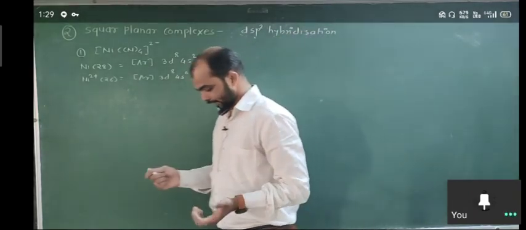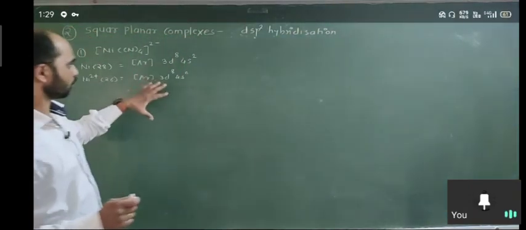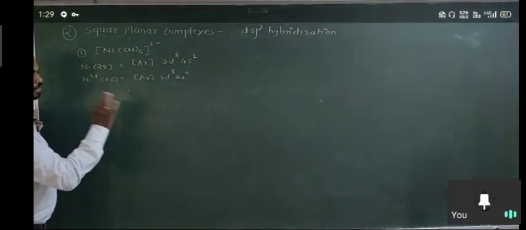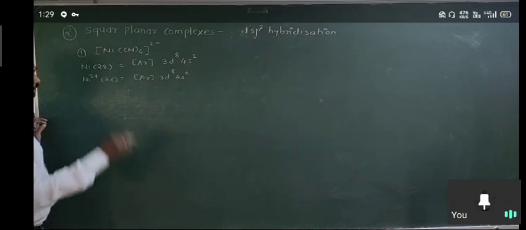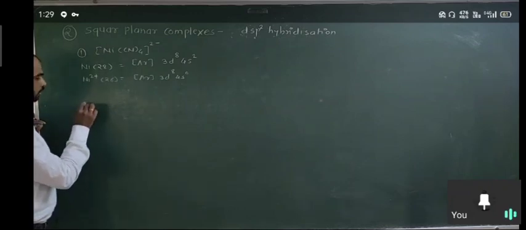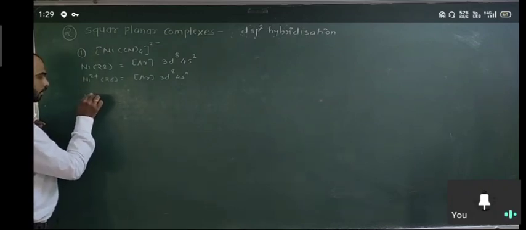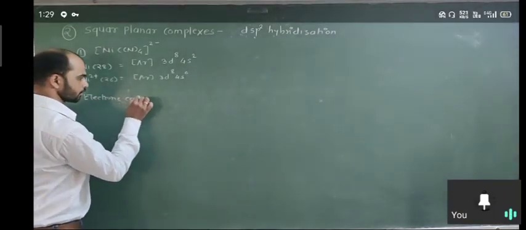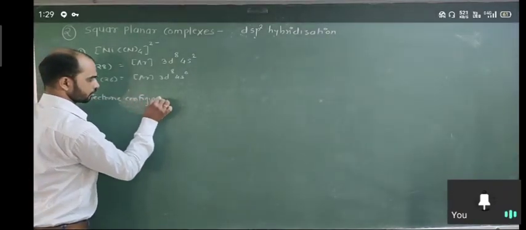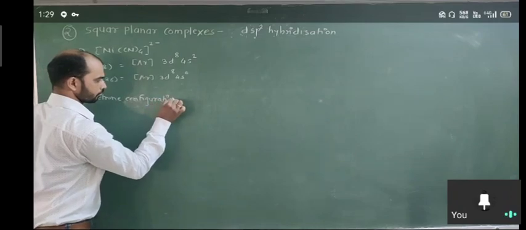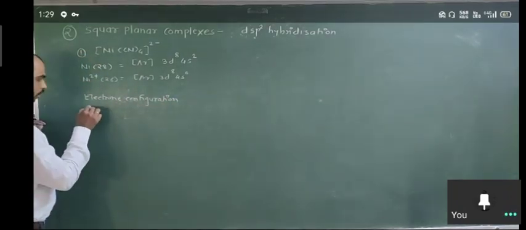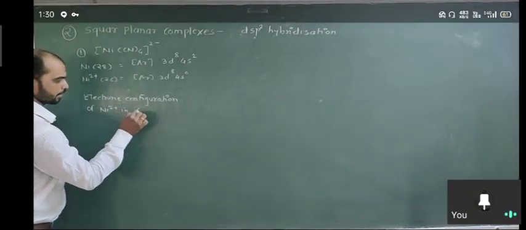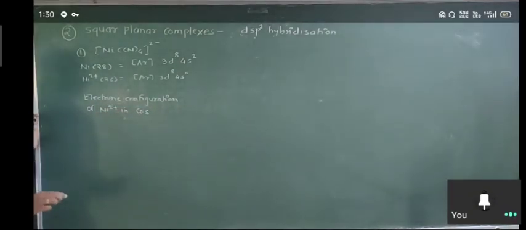Okay, then once you write both, first of all you write the electronic representation in a ground state. So in a ground state we mention here the electronic configuration of Ni2+ in ground state.